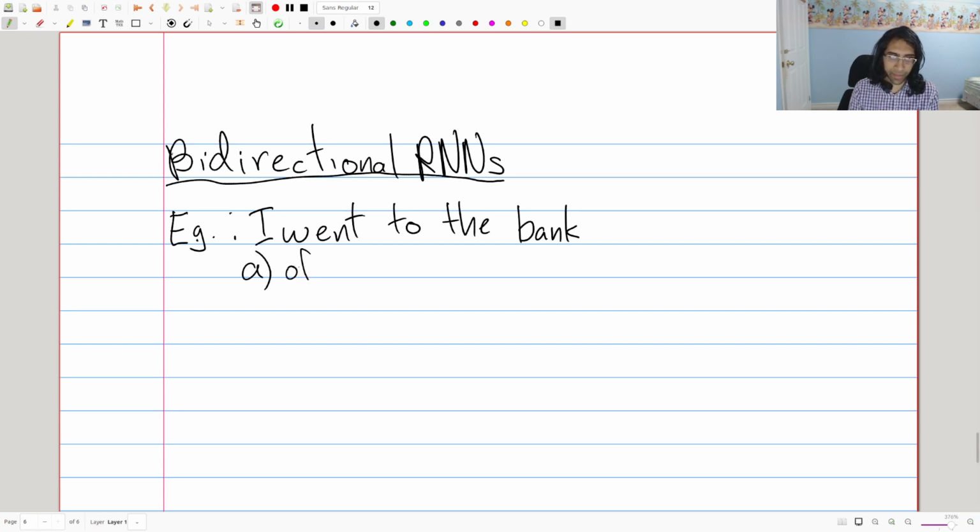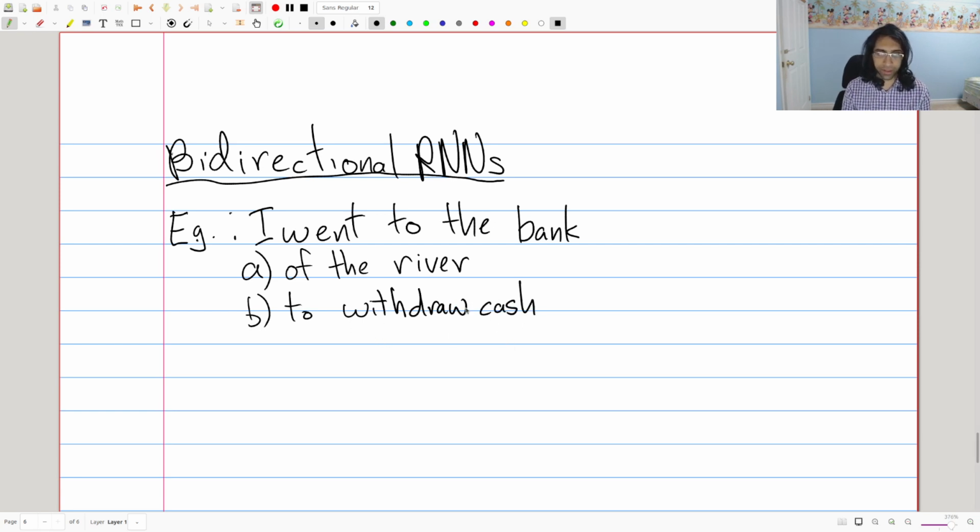One is I went to the bank up the river, so it's a river bank that it's referring to. The other one is I went to the bank to withdraw cash, and this is a bank for money. So you can see that based on the suffix of the sentence, it tells you what exactly this bank is.